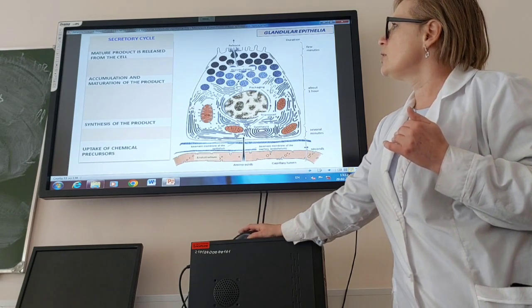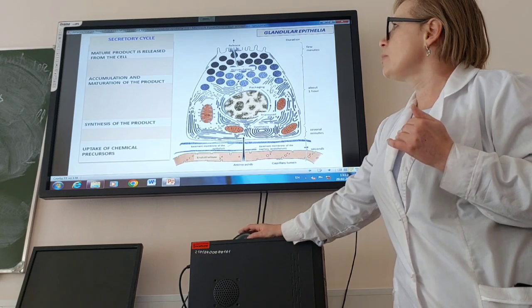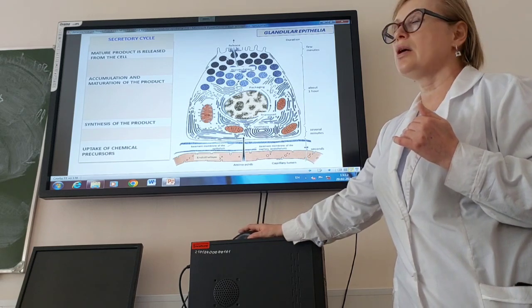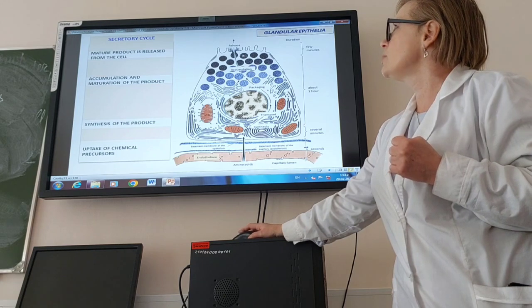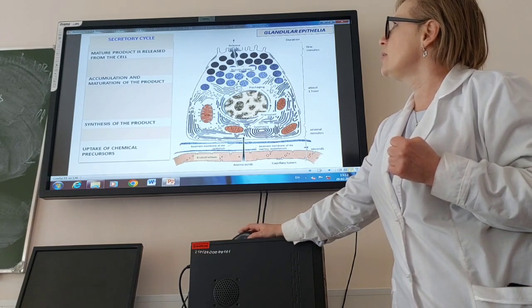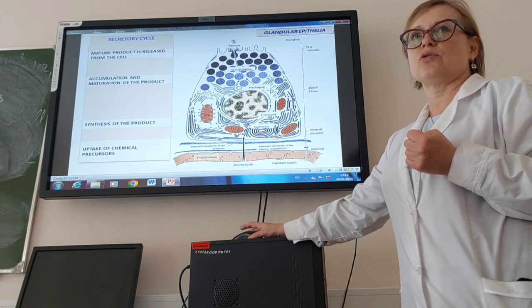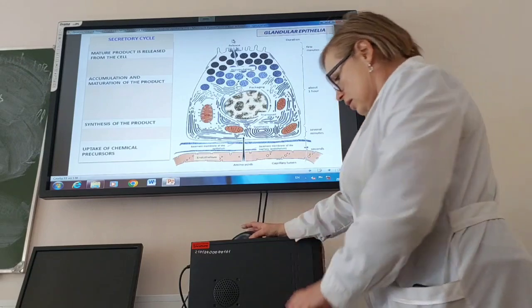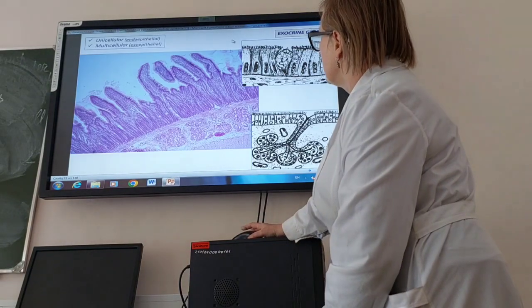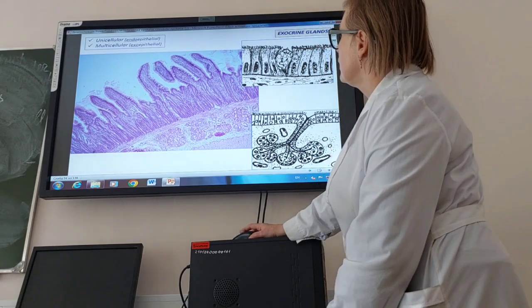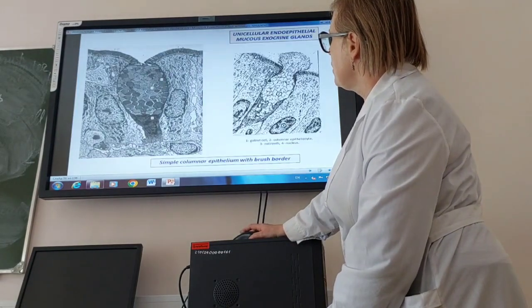After that, it accumulates in the apical surface of the cytoplasm, and in the next phase it is released outside by exocytosis.